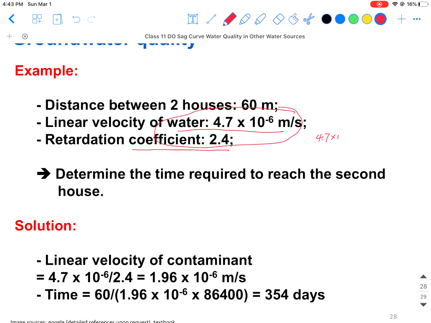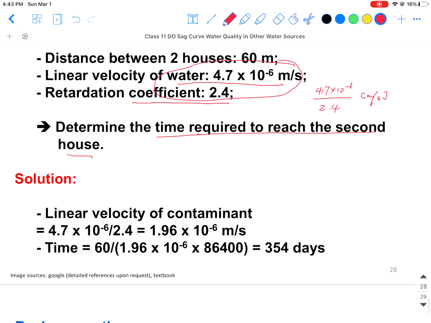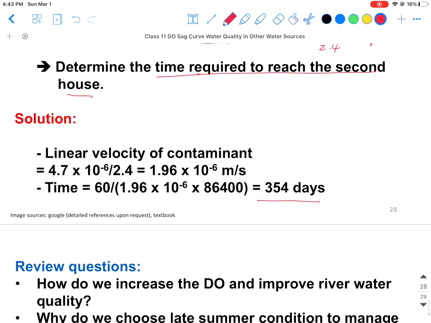That's directly 4.7 multiplied by 10 to the minus 6 divided by 2.4, right? So it asks us the time required to reach the second house. So we know the distance. We can divide the distance by the actual velocity of the contaminant. Turns out it's around 354 days.